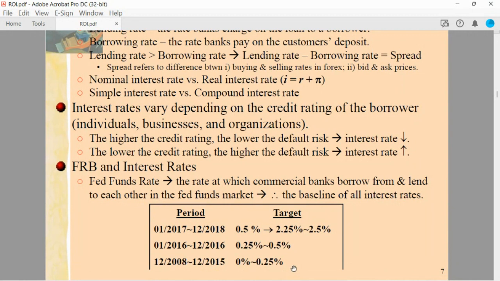So that's why they say it's free money. If it is 0%, you're borrowing at 0%. That's free money. Isn't it right? And why a range? Why not a specific number? Why a range?